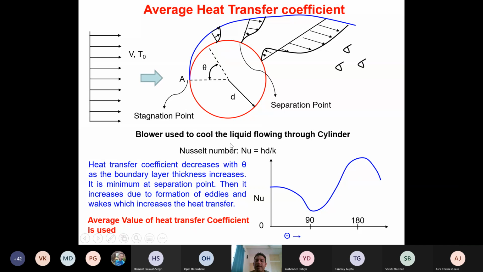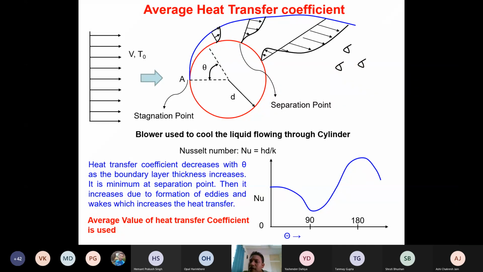So clearly this figure also shows how my heat transfer coefficient h is varying as I move along the theta direction, isn't it? Initially it decreases till the separation point, and beyond this separation point it increases because there is a formation of eddies and the turbulence starts coming in. So clearly my heat transfer coefficient h is varying as I move, isn't it?